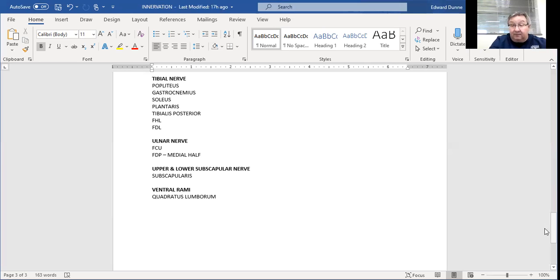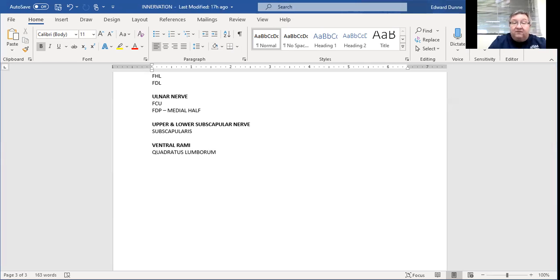And finally, the last nerve is the ventral rami, which comes from the lower back area, and the quadratus lumborum muscle, the hip hiker of the body, is the muscle that is innervated by the ventral rami.